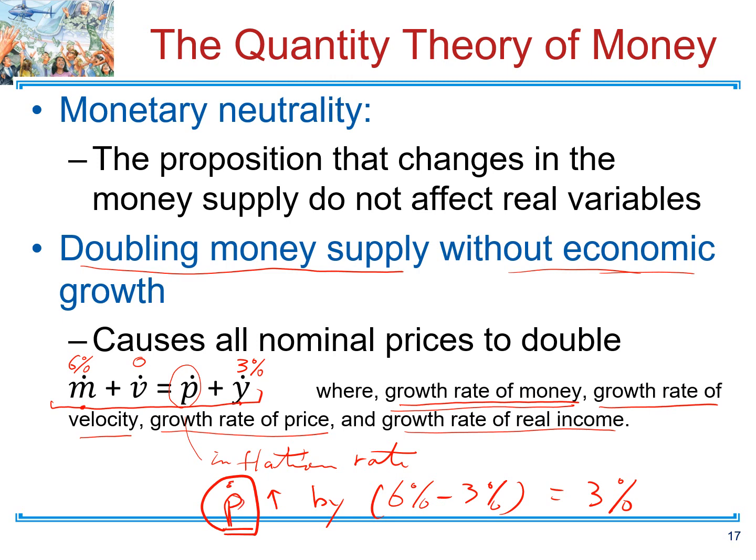That is called neutrality of money. And then we can use this equation to figure out how much more inflation we're going to see in our economy.